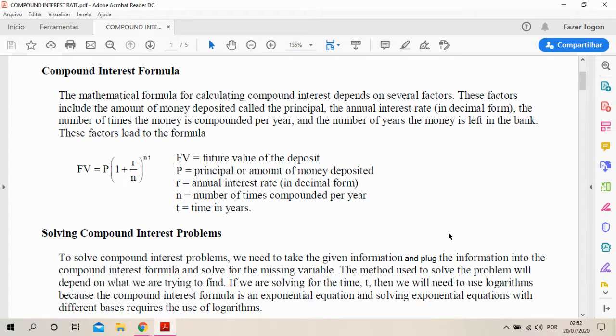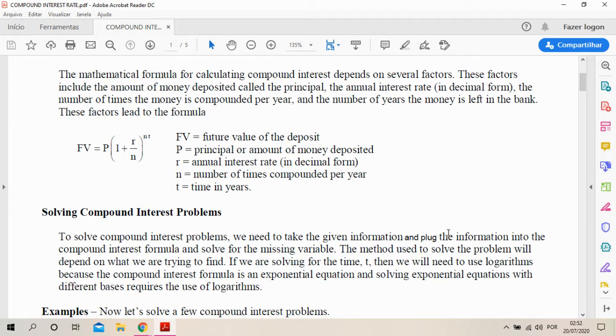Let's see the formula. Compound interest formula. The mathematical formula for calculating compound interest depends on several factors. These factors include the amount of money deposited, called the principal, the annual interest rate in decimal form, the number of times the money is compounded per year, and the number of years the money is left in the bank.